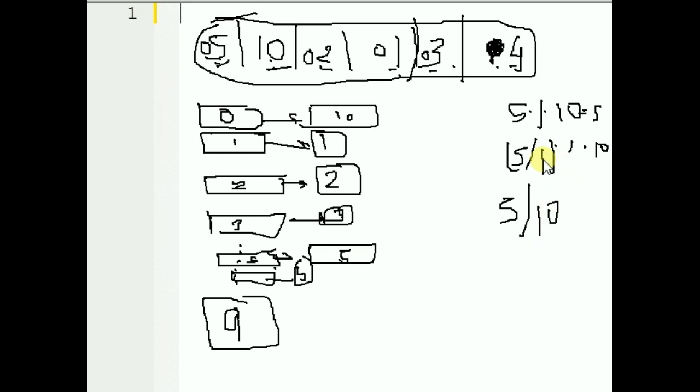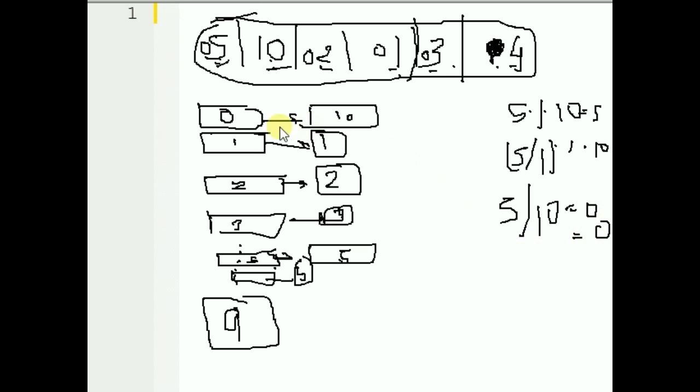In the first pass it was 1, now it's 10. 5 by 10 means 0.5, but in C 0.5 is rounded down to 0, and 0 mod 10 is 0, so it will be 0 here.